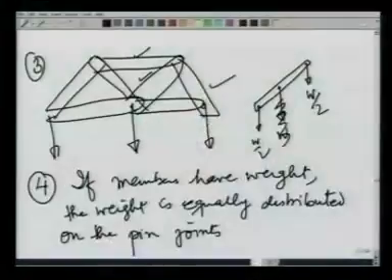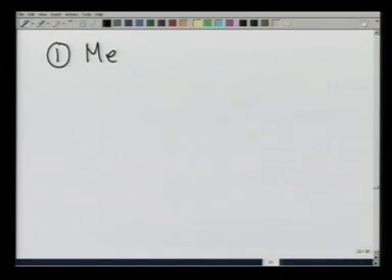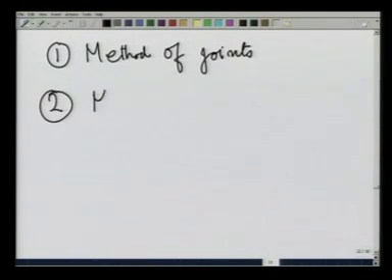Under these assumptions, we analyze the trusses. There are two methods of analyzing the trusses and getting the forces on various members. One is known as the method of joints, and the other one is known as the method of sections.